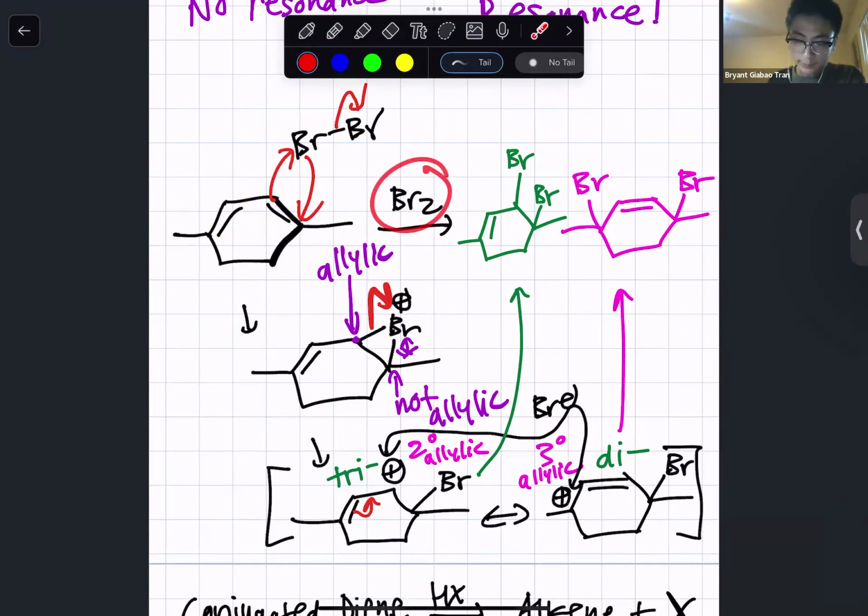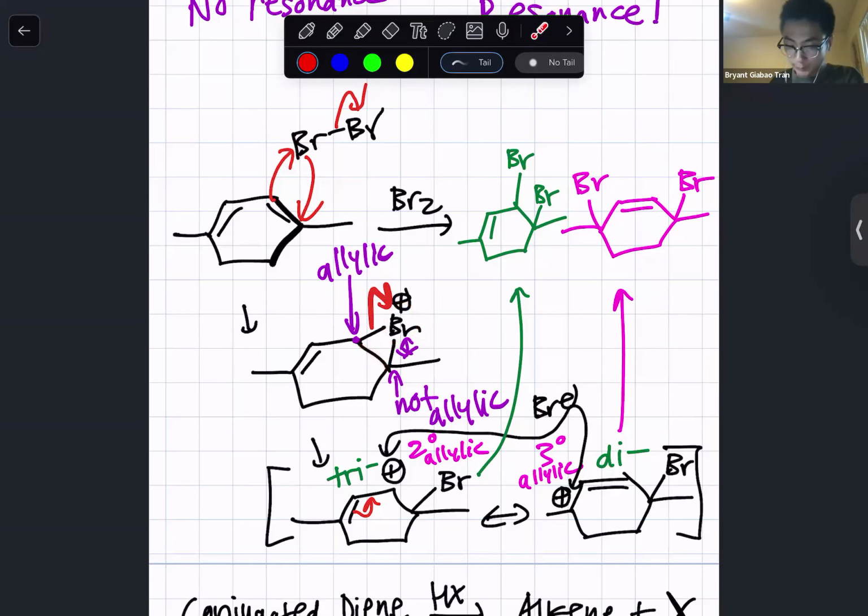The mechanism is going to be this, like the first step is going to be the same as the alkene one. One of the double bonds here is going to make a bromonium ion ring here by one of the carbons attacking that bromine, kicking out the other bromine, and at the same time, this bromine attacks the other side of the alkene, making this bromonium ion here, right?